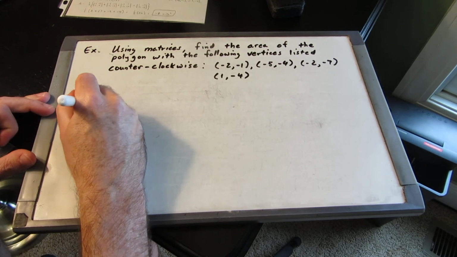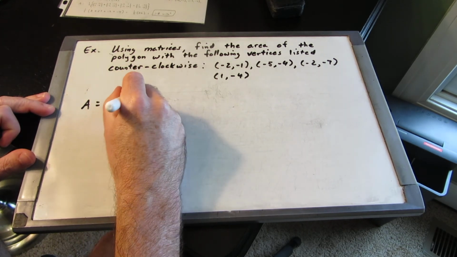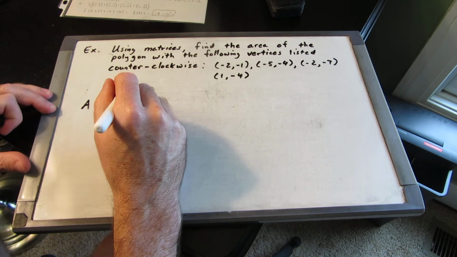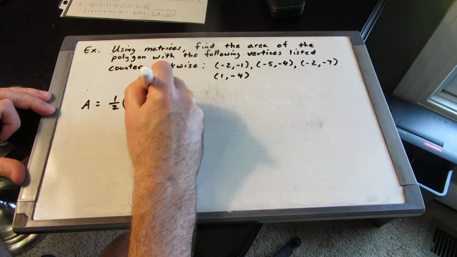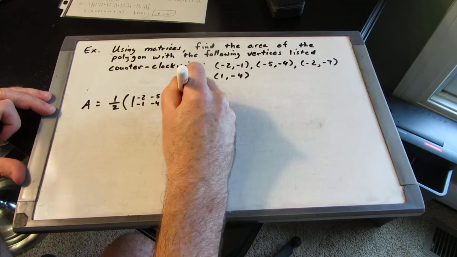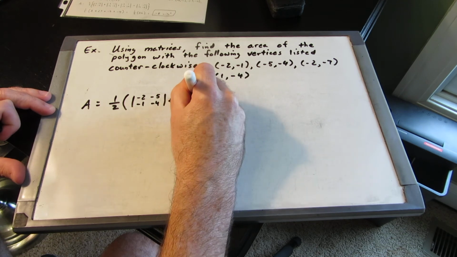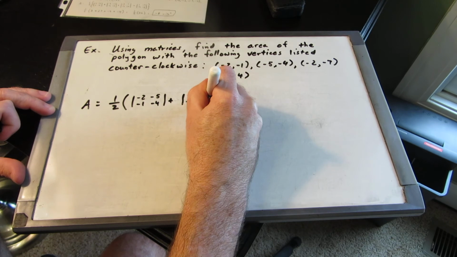So our area is going to be 1/2. And let's populate our matrices. The first one, -2, -1. And then our second point, -5, -4. Plus our second matrix, -5, -4, -2, -7.